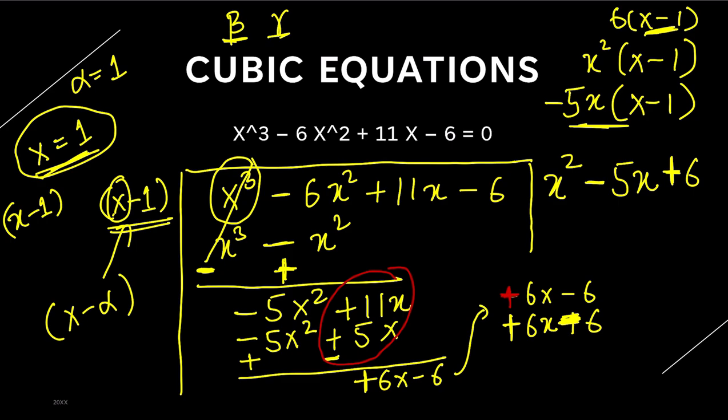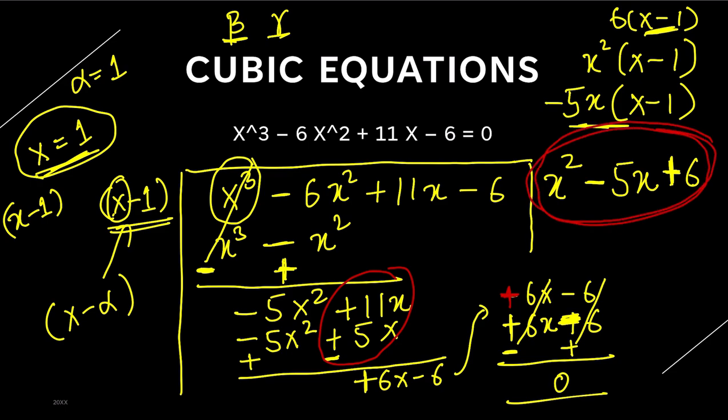By multiplying it by plus 6. So plus 6 multiplied by x minus 1 will give 6x minus 6. Now do the subtraction and you will get a final value of 0. I hope this is clear. So what do we have? This is the final equation we have, which is of importance to us. I hope this is clear.